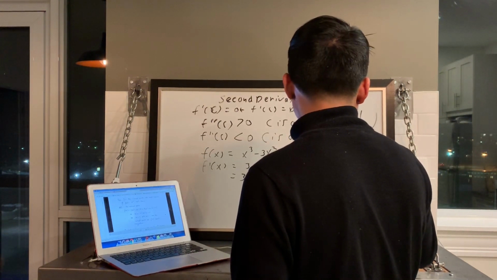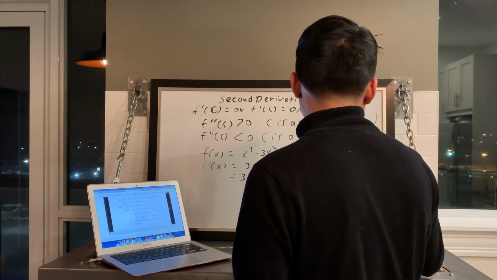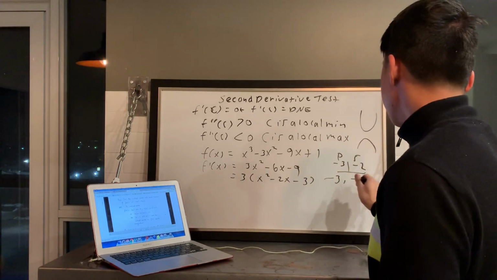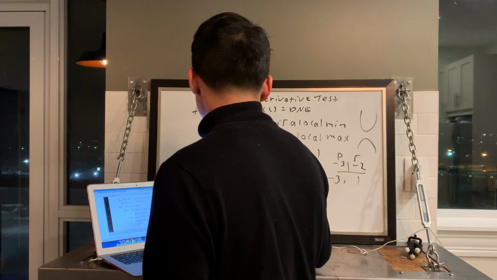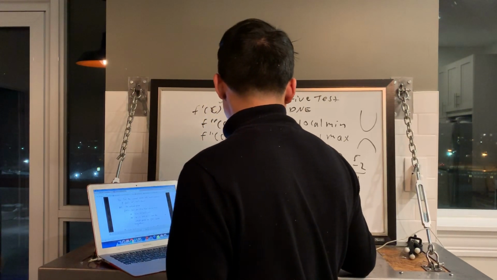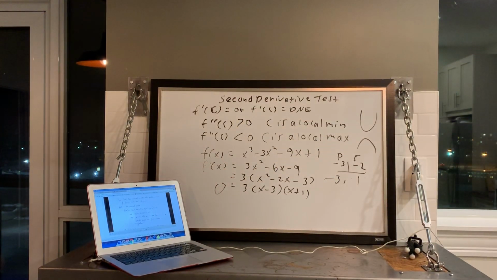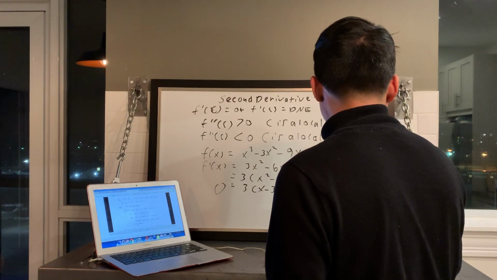Product of minus 3, sum of minus 2. 3 and minus 1, I mean minus 3 and 1. So if I were to actually solve this, set f prime of x equals 0, my values would just be x equals 3 and x equals minus 1.